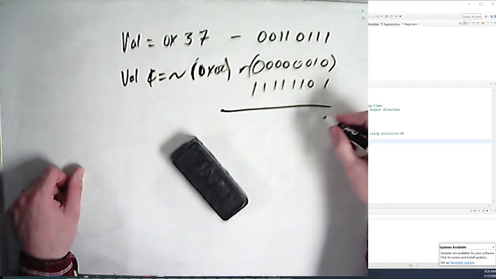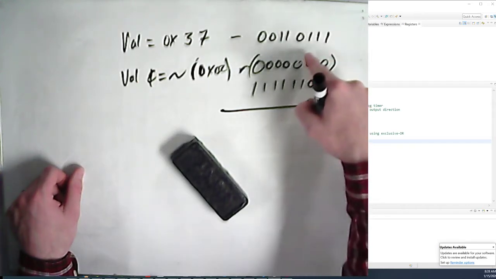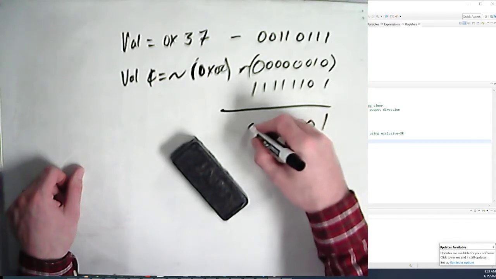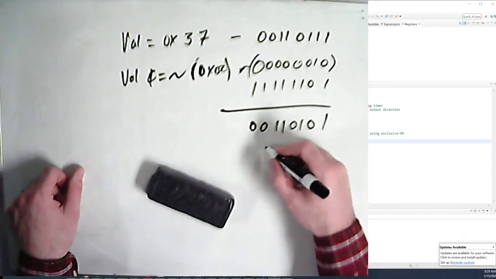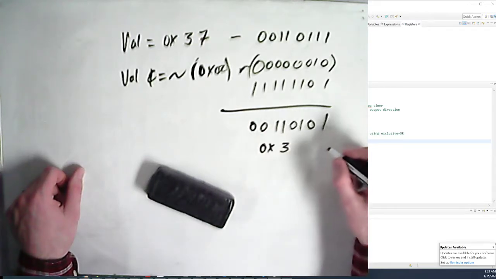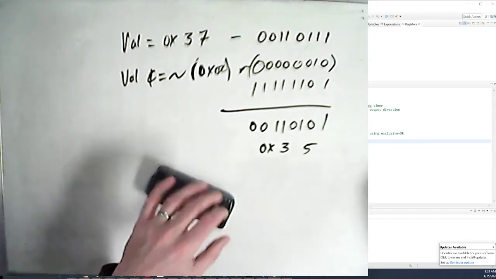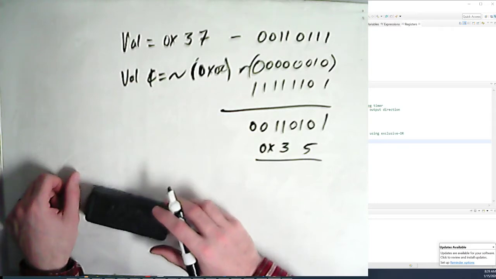When we AND them, 1 and 0, I cleared that one bit, and the rest of these are just going to translate through. And this turns out to be 0x35 is what ends up happening with this.